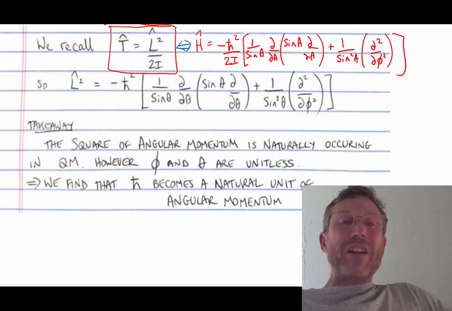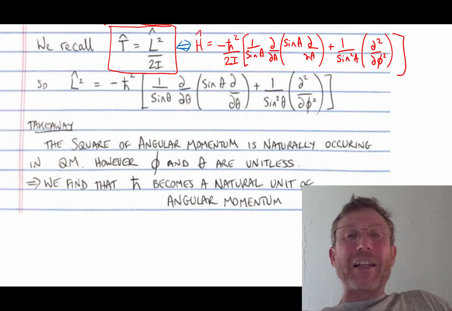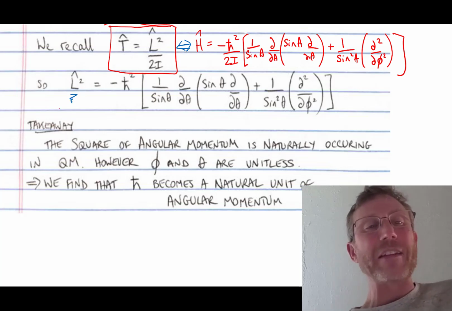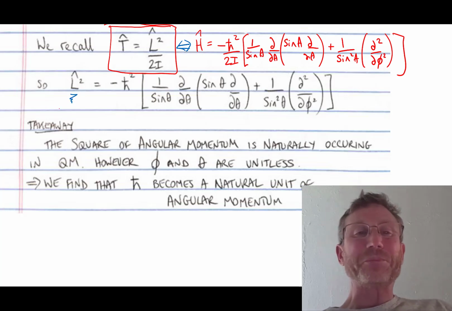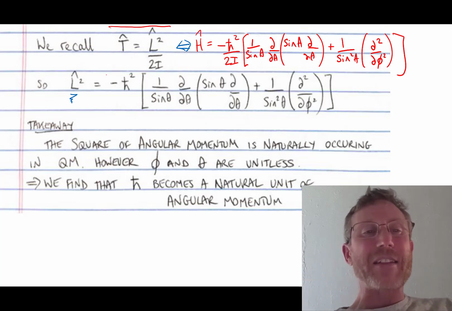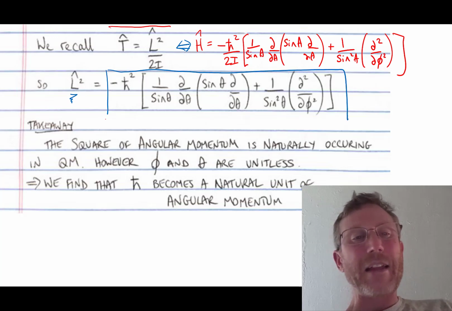We know that H hat squared is the same as T hat squared in this particular case. Where we can go here is to pull out L hat squared, and we find that L hat squared is given as this new expression down here.